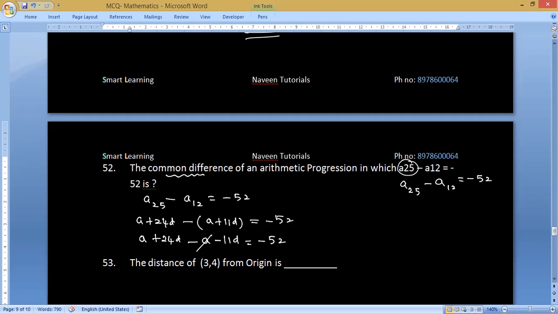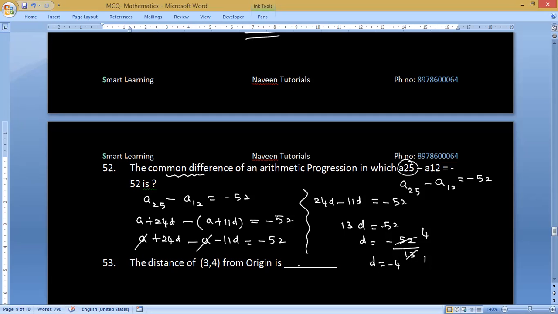I can cancel plus A and minus A. The leftover is 24D minus 11D is equal to minus 52. So 24 minus 11 is 13, 13D is equal to minus 52. So D is equal to minus 52 by 13. 13 fours are 52. So D is equal to minus 4.